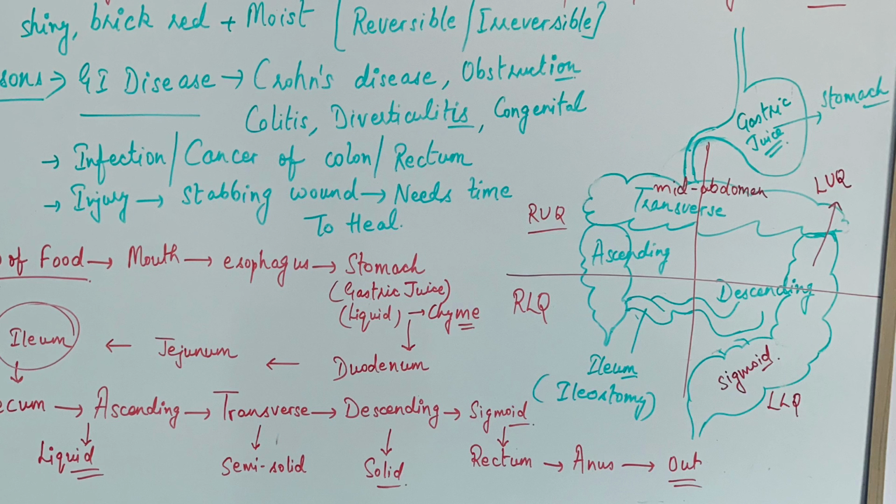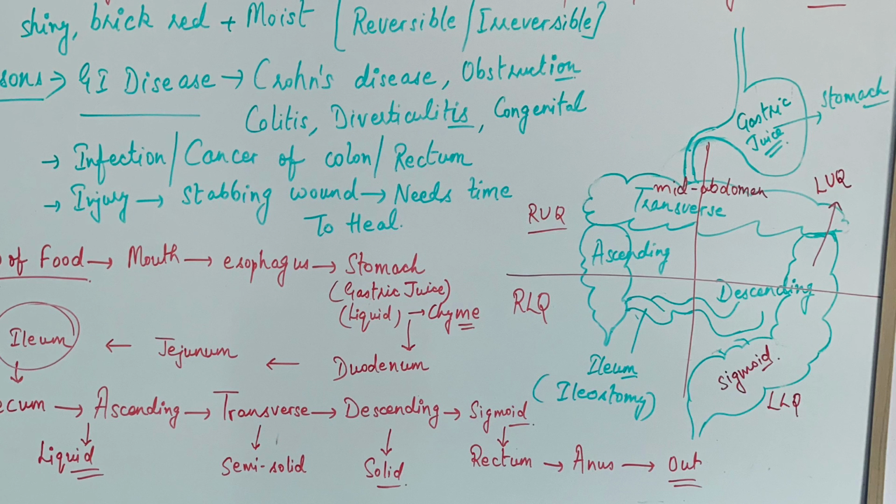I have also shown this in the picture. Through gastric juice in the stomach it comes to the ileum, then to the ascending, then transverse, then descending, and then sigmoid.